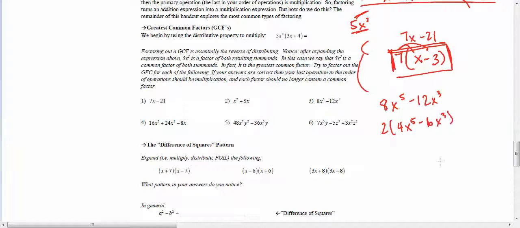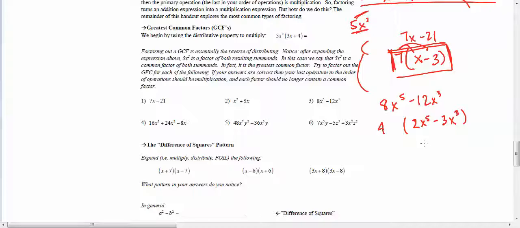But then what I would have to do is pull out another 2 because I'm not done. There's a number that can be pulled out of both the 4 and the 6. So I'm going to try to pull out the greatest common factor, and I would say that's 4. So if I pull out a 4, then I'll have 2x to the 5th power minus 3x cubed.